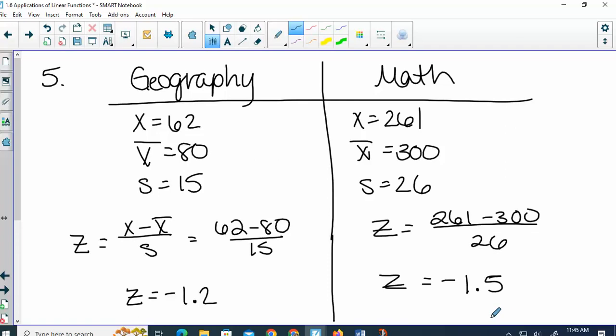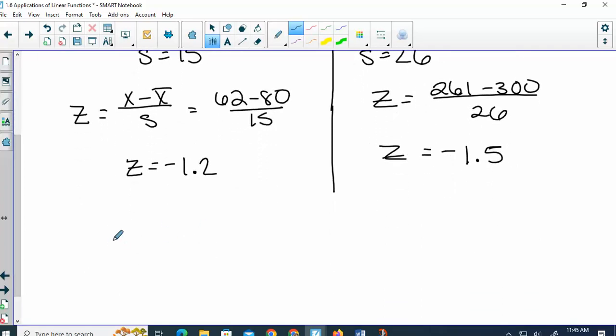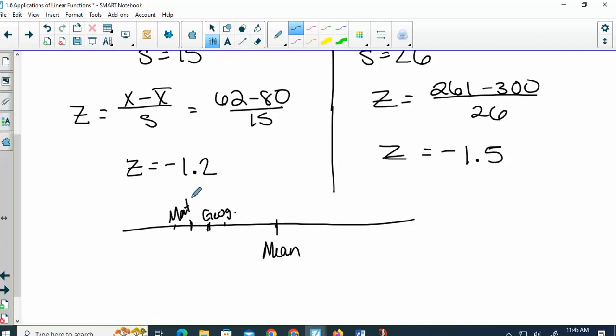What do those negatives tell me? They're below average. So here is the mean, or average. In geography, I had 1.2 standard deviations below, so my geography score is here. And in math, I was 1.5 standard deviations below. So my math is even more negative, so it was even lower.